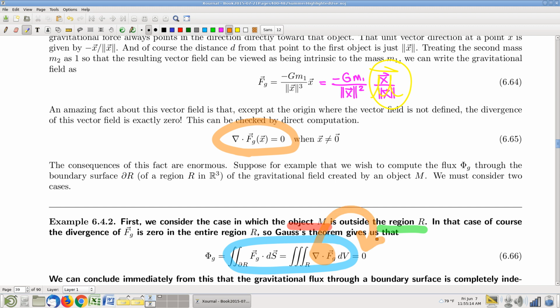And therefore we have 0. Isn't that nice? Hey, we just saved ourselves a tremendous amount of pain by capitalizing on the fact that the divergence is 0 away from where the mass is, and knowing Gauss's divergence theorem. All right, now, very importantly, where the mass actually is.